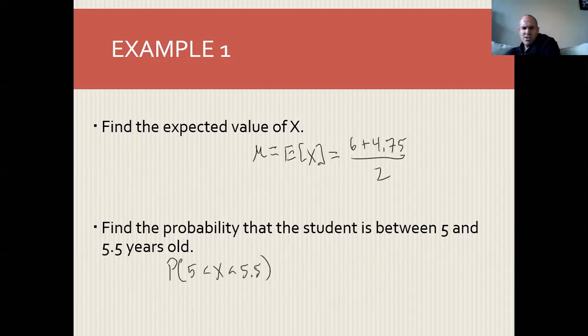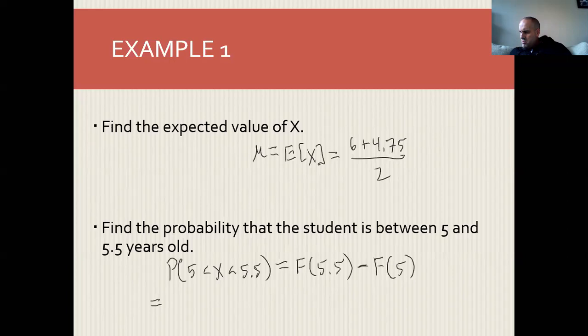And by the way, do I really care about equals? The answer is no, I don't. So what is that going to be? Well, I could take the CDF and evaluate that at 5.5. That would be all the probability up to 5.5. But then I would need to subtract off the CDF evaluated at 5.